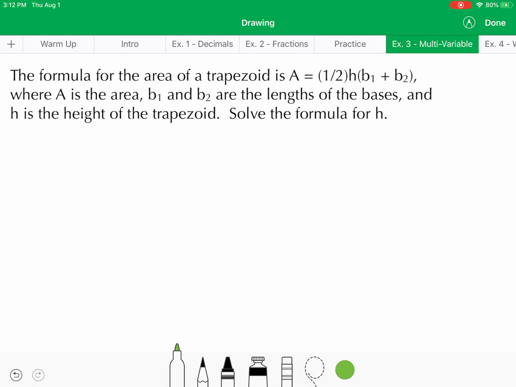Let's pause and think about why that would be useful. Perhaps you know a set area that you are trying to accomplish in a given scenario. You're planting a garden that you want the shape of a trapezoid, and you know you want the area to be a certain value, but you don't know the proper dimensions to work with.